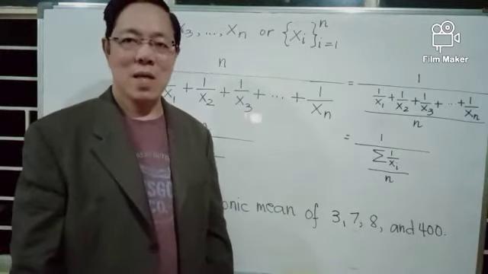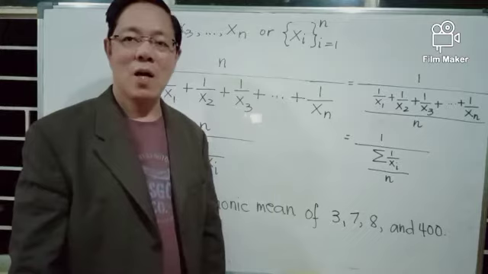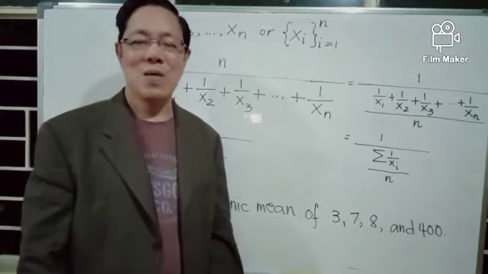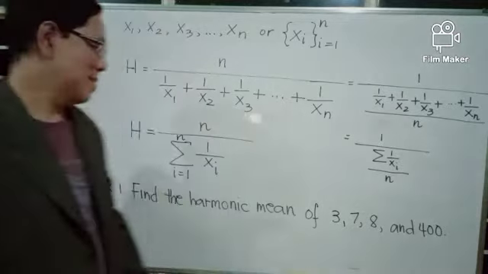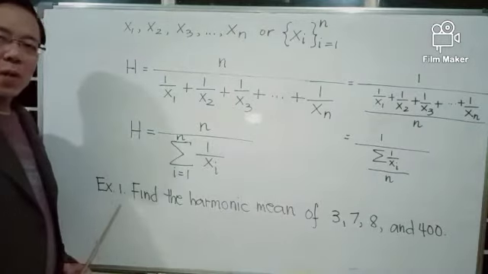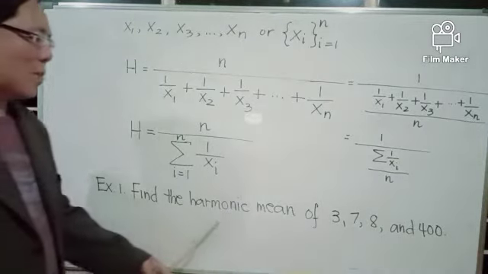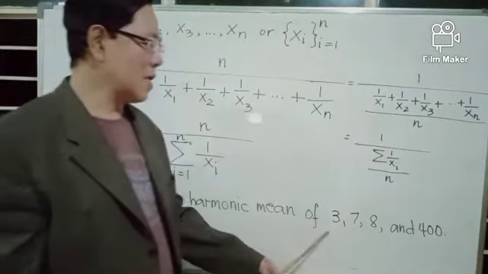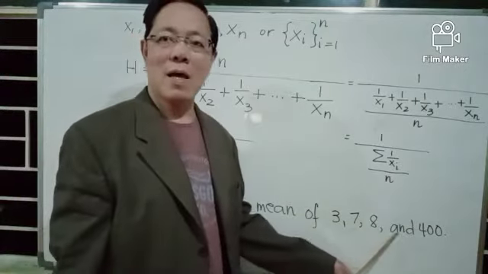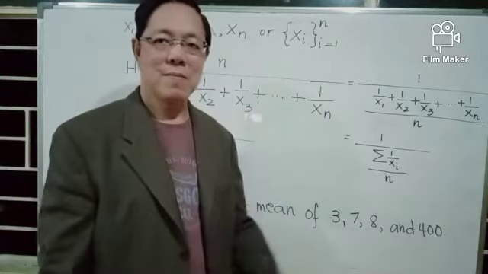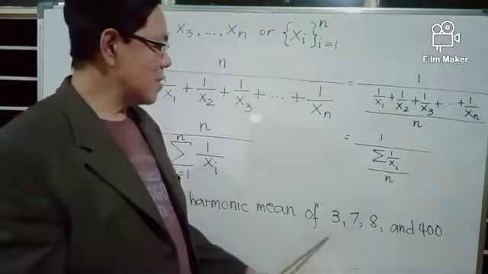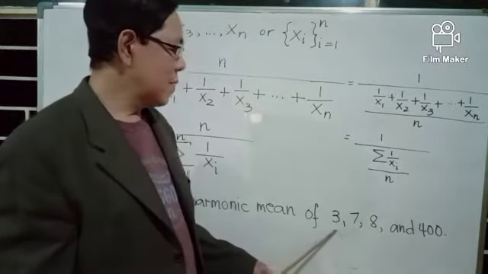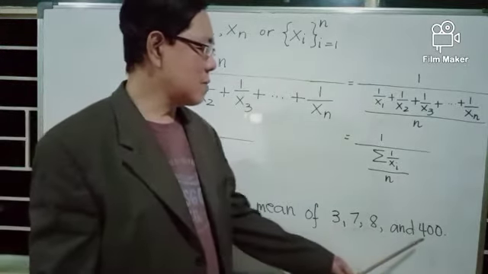We now take one example for computing harmonic mean. Consider the following problem. Example 1. Find the harmonic mean of 3, 7, 8, and 400. In this given set of data, we have 4 values.